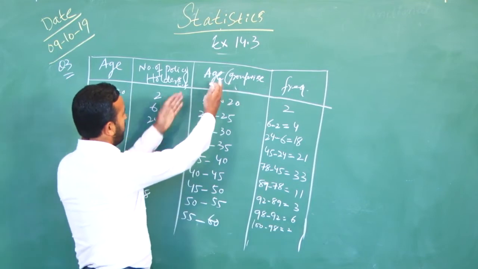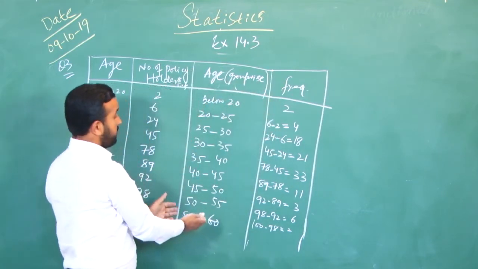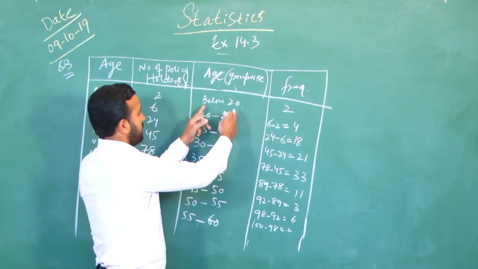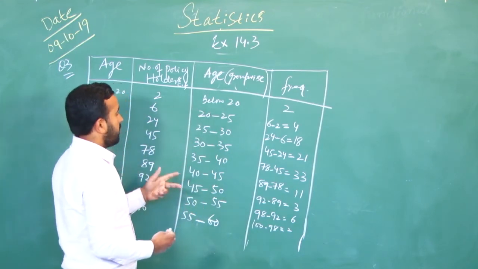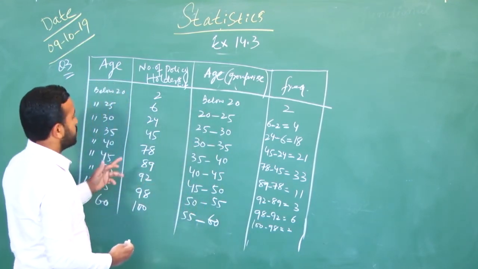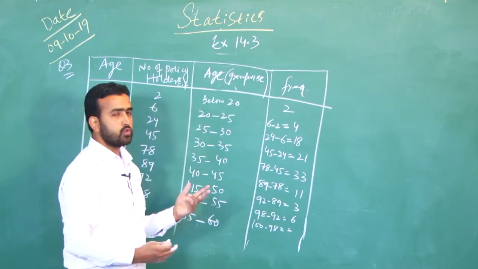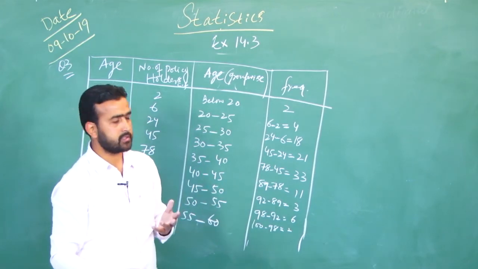From these age groups, now group wise, we can identify the median class. This column, the age written group wise, was very important because to determine the median class we need to use the value of the lower limit and the corresponding frequency of that particular median class.